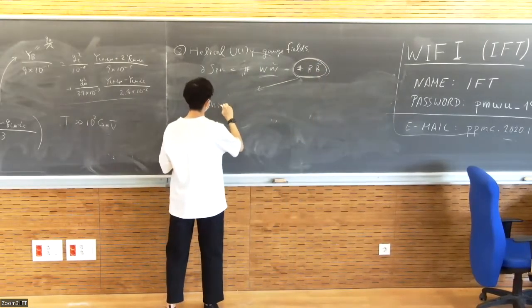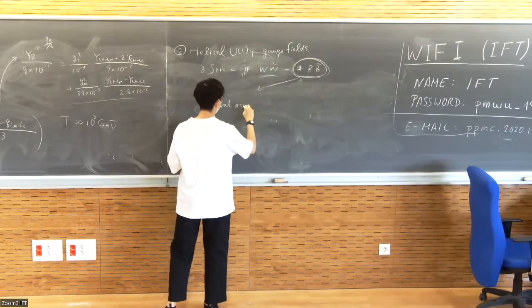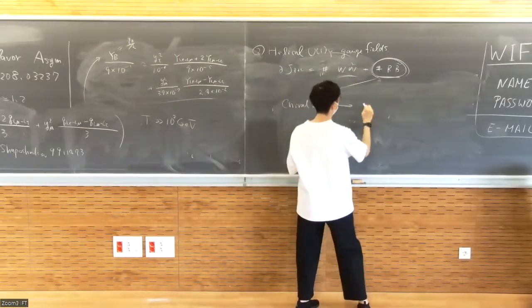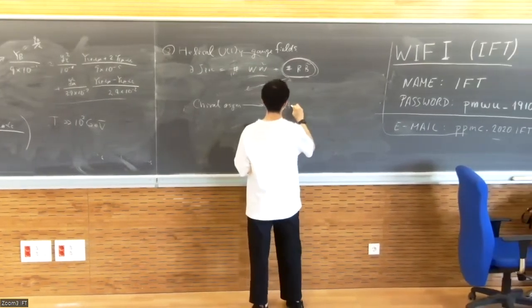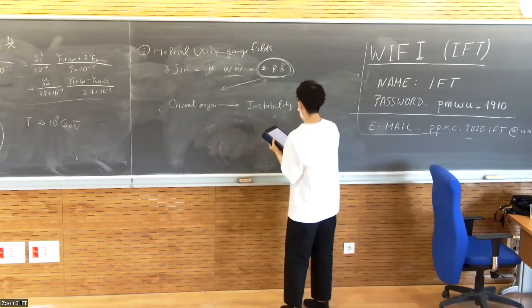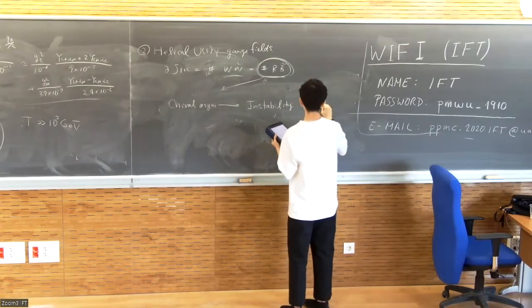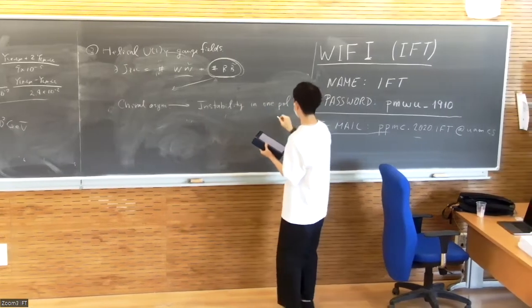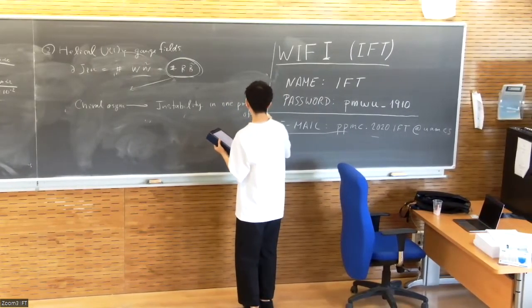So it is known that if you have chiral asymmetry, then there is an instability in one polarization of U1 hyper or any gauge field activity.